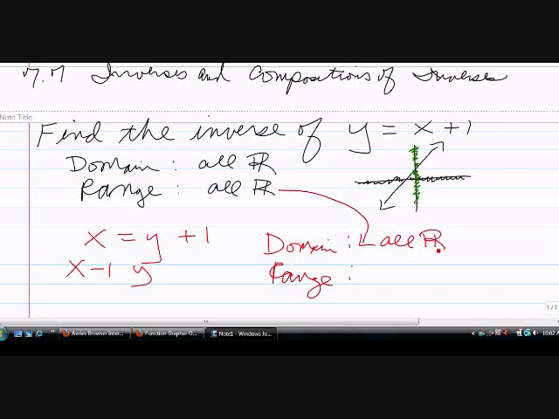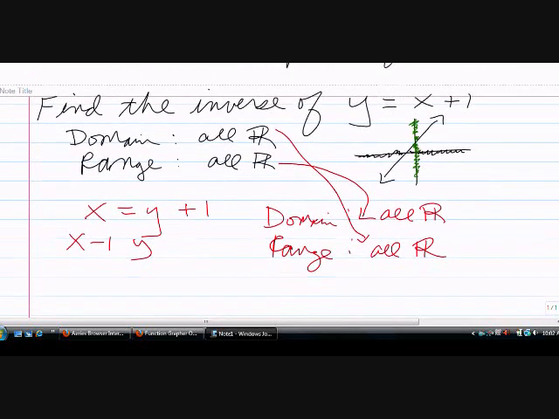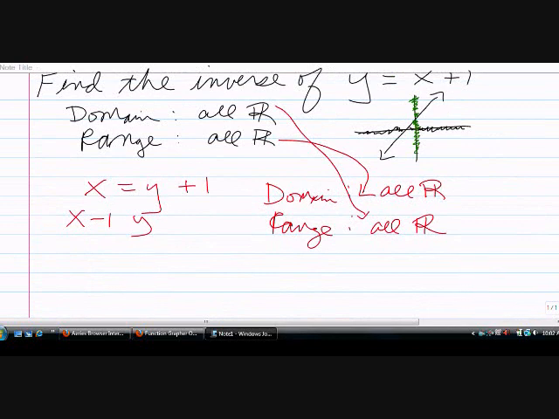If my domain was all real numbers in the original equation, the inverse has a range of all real numbers. Yeah, you just switch them. Switch the domain for the range. All right. So, and it gets a little trickier if we get a little bit more complicated function, but that's for a basic one.